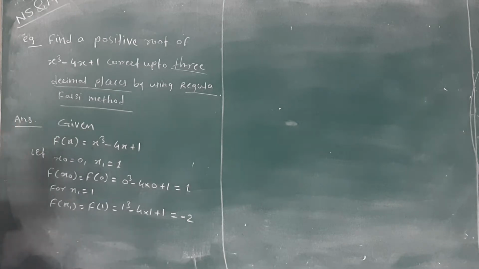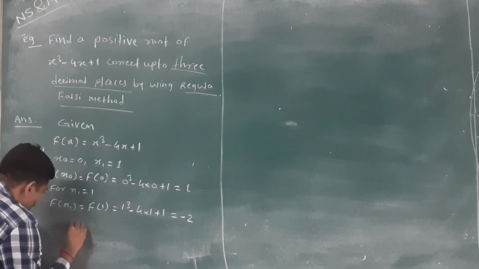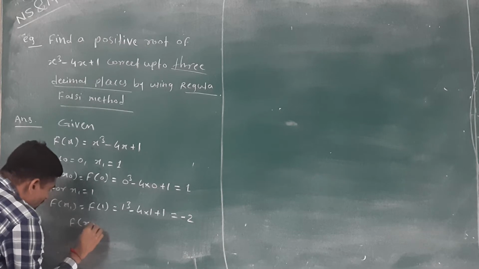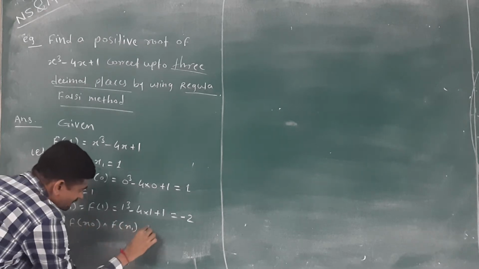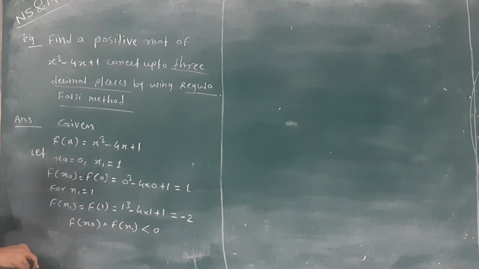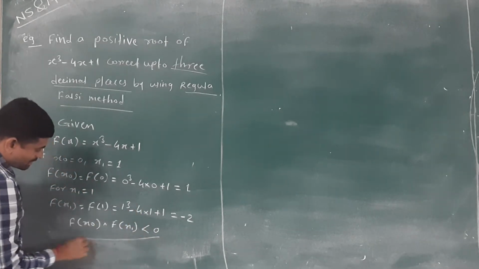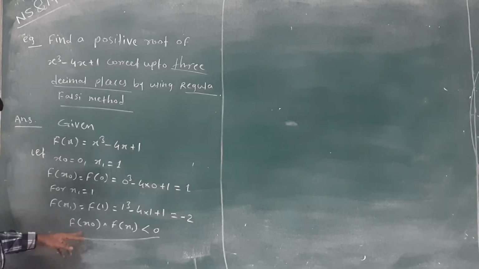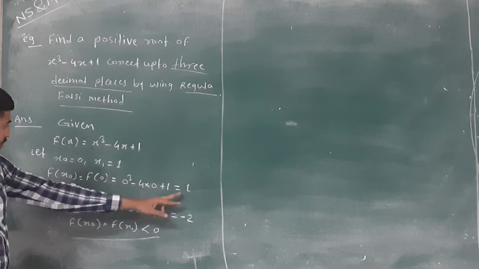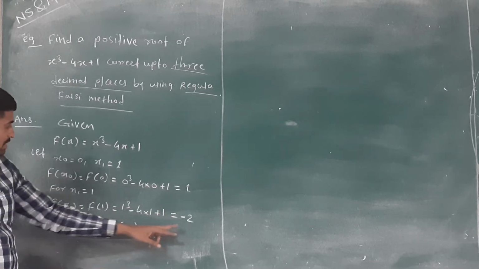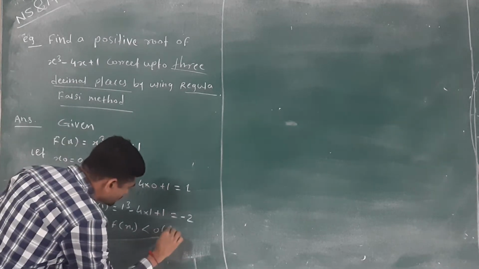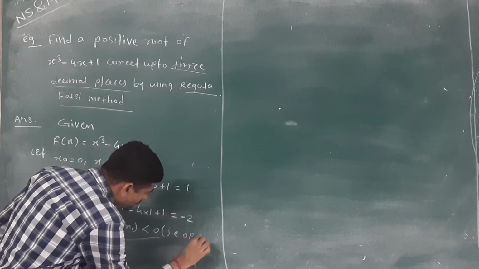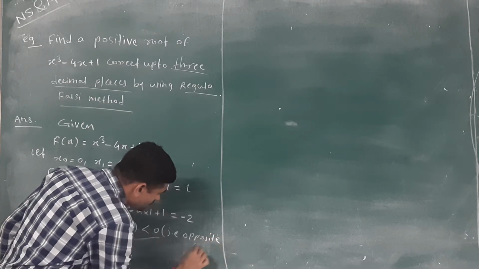Then we know our condition. You have to check that f(x0) into f(x1) is less than 0. You have to satisfy that condition. f(x0) is positive 1 and f(x1) is minus 2, so they have opposite signs.